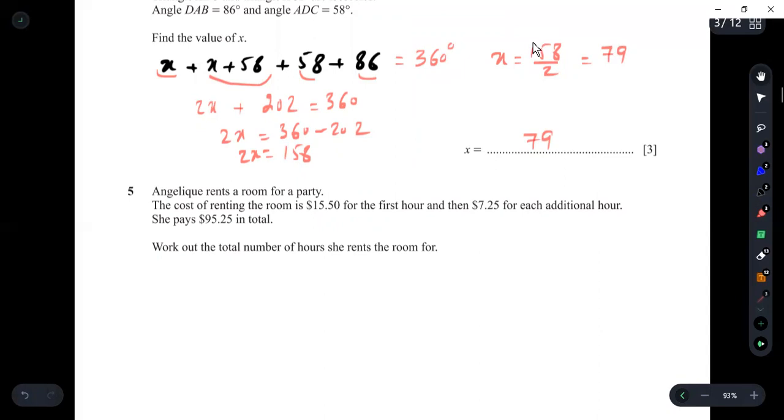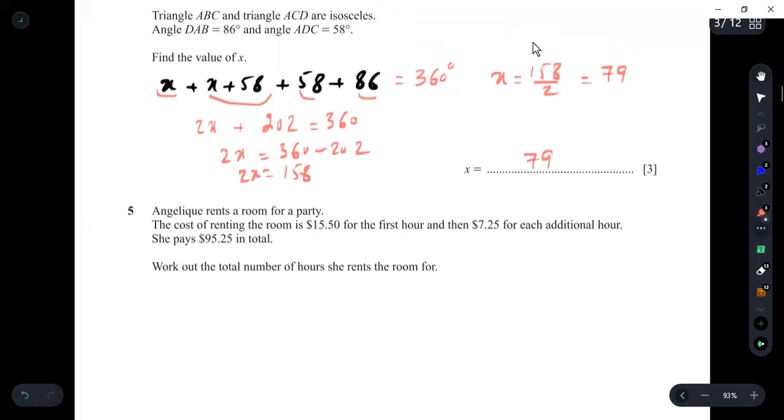It means we can write the cost of renting, let's say the cost is C. Cost is 15.50 for 1 hour, multiplied by 1 because it's 1 hour only, and then the remaining hours should be charged at 7.25, plus whatever the number of hours after that, each charged 7.25.